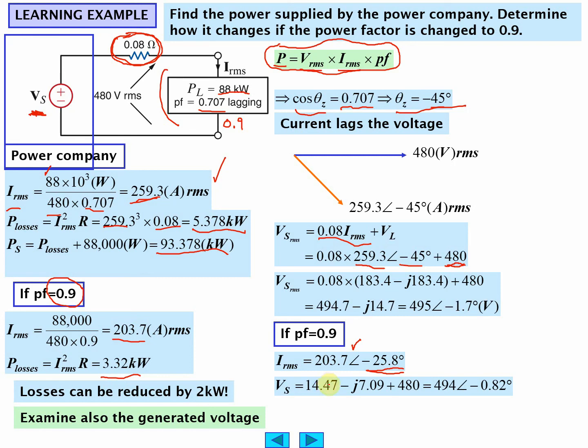It has to equal the sum of the two. The current, let's see, 203 times the 0.08, a very small number, and that takes into account the phase angle, and then the 480 being the load. So we changed the voltage just a hair. The phase angle is, they're closer to in phase. So 26 would be something like this, the negative 25.8, right about there.